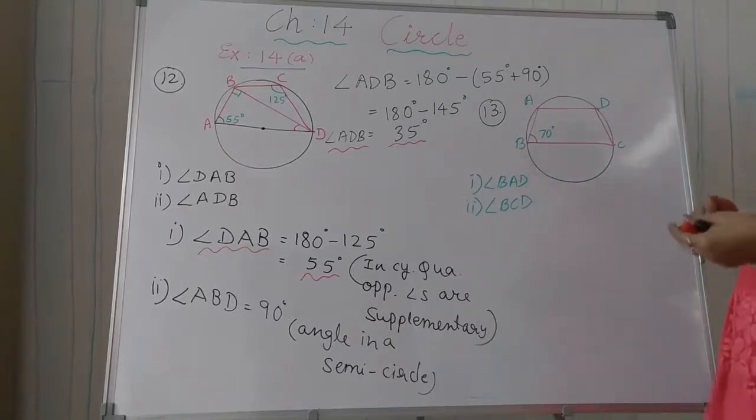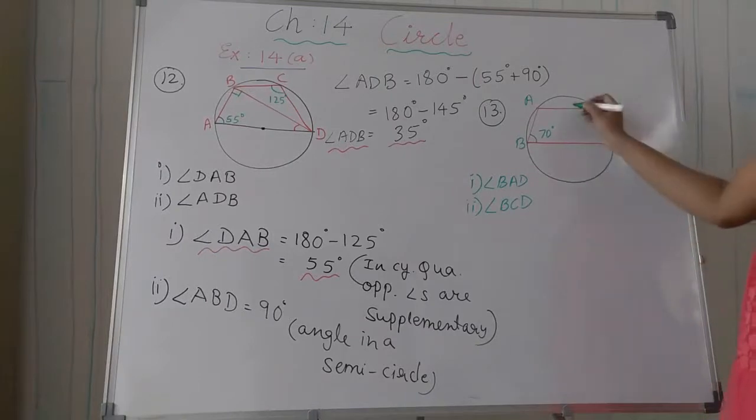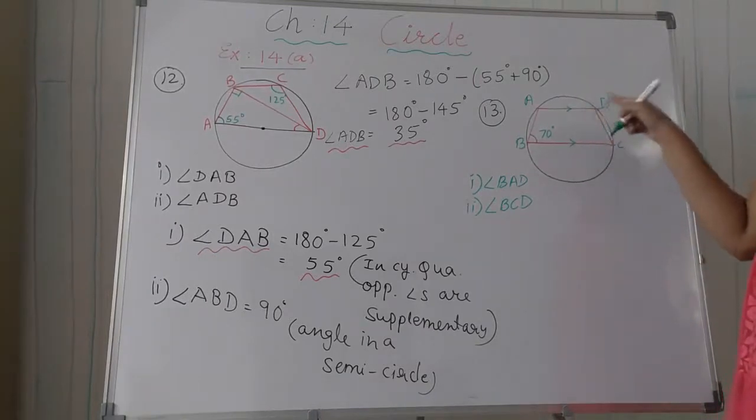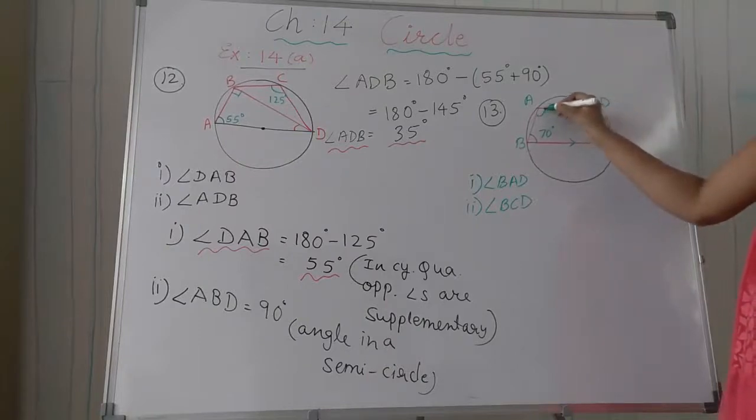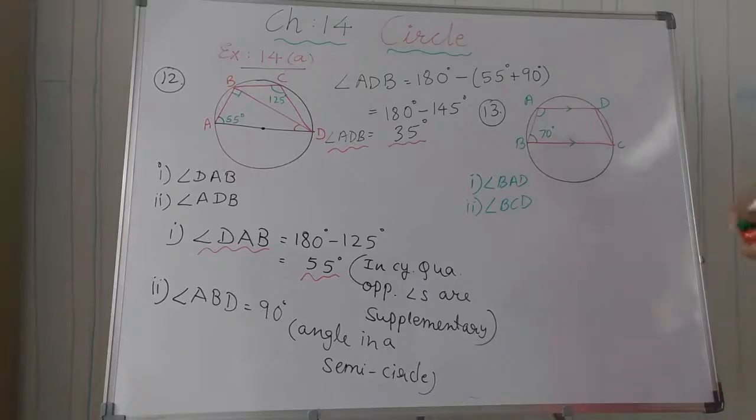For that, students, you see in a trapezium one pair of the opposite sides is parallel. So these two are the parallel lines. So first of all we can find this, as these two angles are co-interior angles. So I am writing that angle BAD plus angle ABC is equal to 180 degrees.